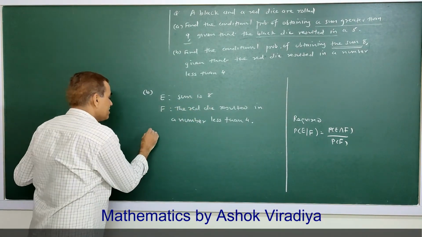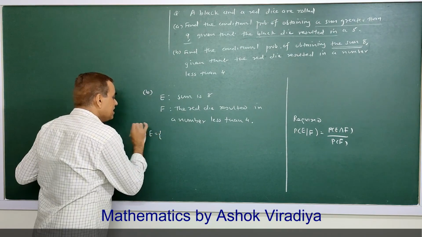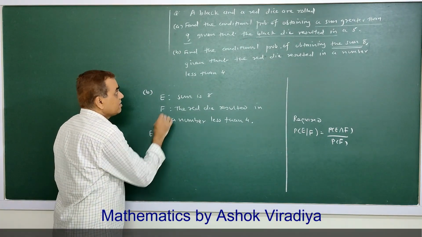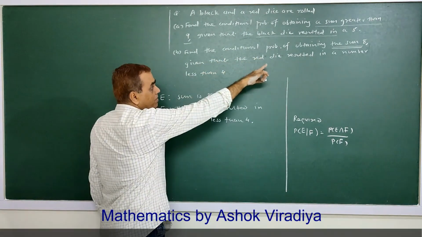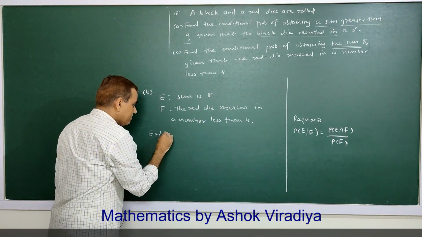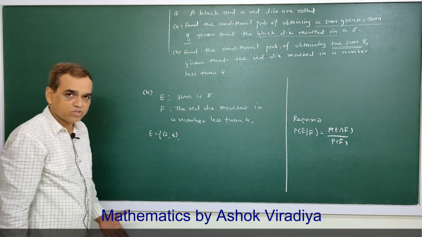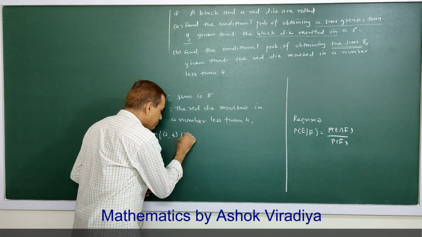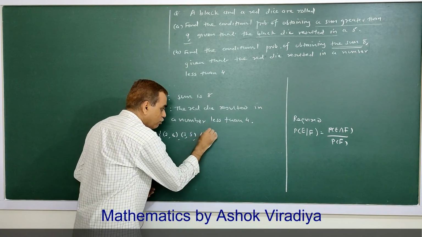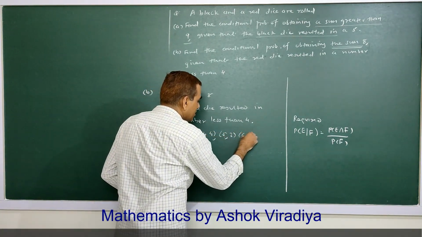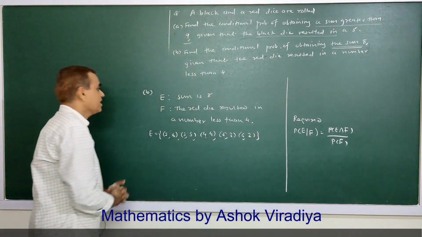So let me find event E. E contains sum 8. Sum 8 is in the second line: 2,6 has sum 8. So the outcomes are 2,6, 3,5, 4,4, 5,3, 6,2. Here the sum is 8.